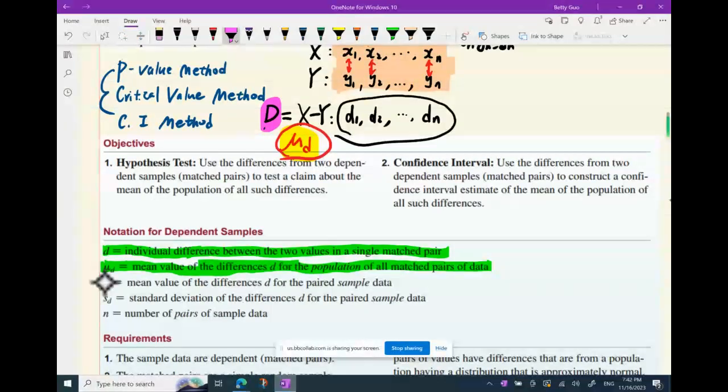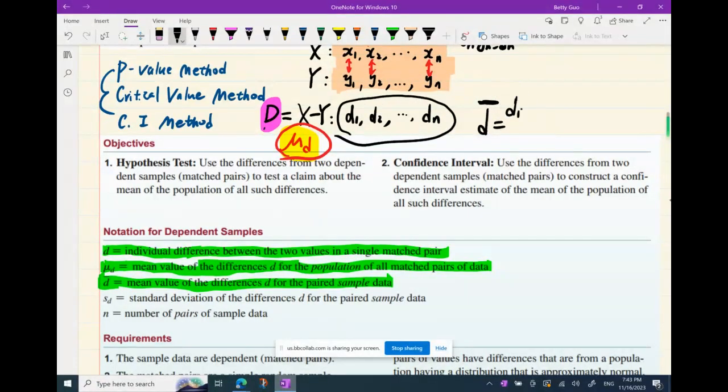And the D bar, when you remember X bar, right? X bar is the sample mean, and D bar here also means sample mean. It is the mean of the differences. D bar is the average of D1, D2, Dn.